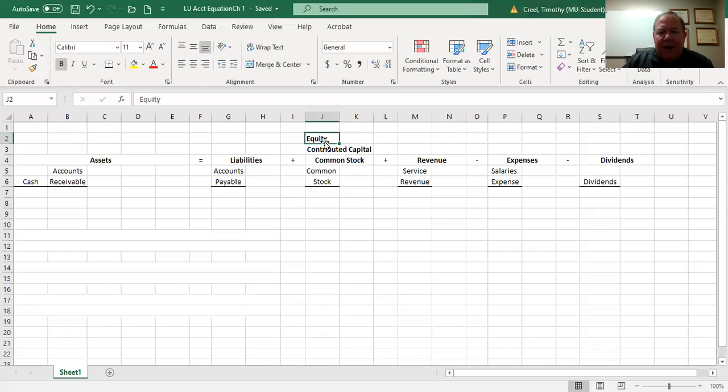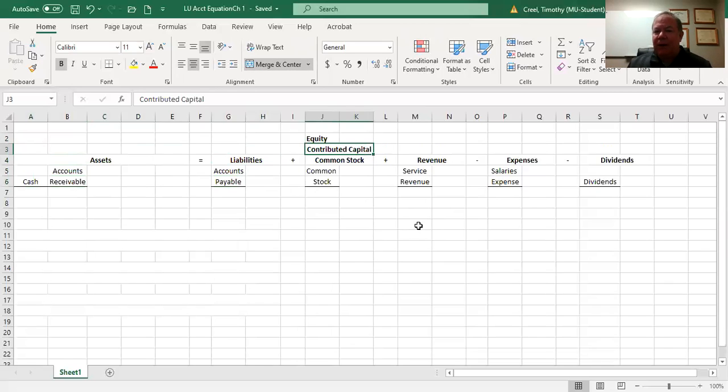Also here, keep in mind that assets and liabilities are basically in and of themselves. Again, there will be different accounts like cash or accounts receivable, which we'll talk about in a moment, that are assets, or liabilities such as accounts payable, which we'll talk about in just a moment. But notice that under equity, you do have a couple of different elements.